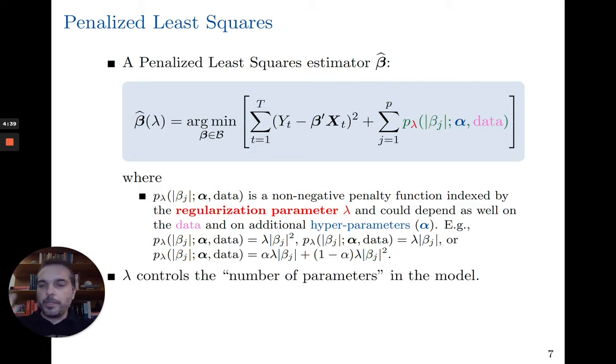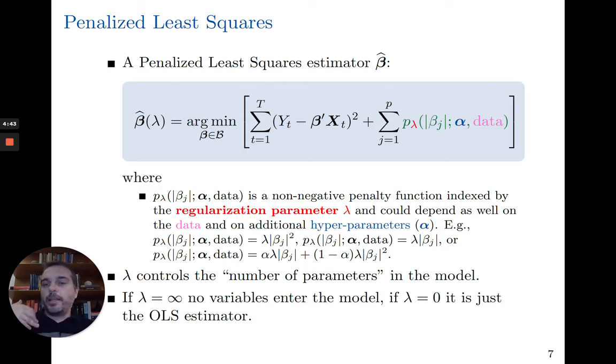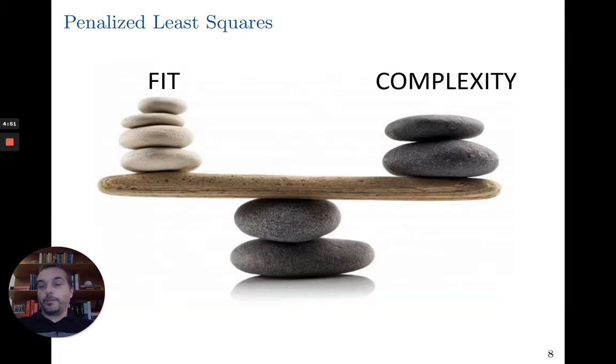So as I mentioned, lambda controls the number of parameters in the model. If lambda diverges to infinity, no variables enter the model. If lambda converges to 0, it's just an OLS estimator. Okay, so we have this balance between fit and complexity.